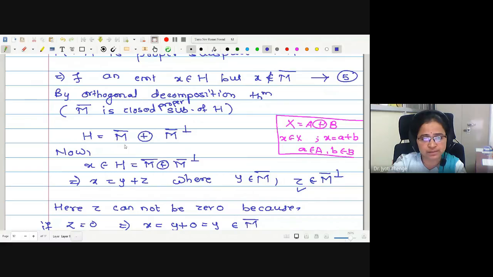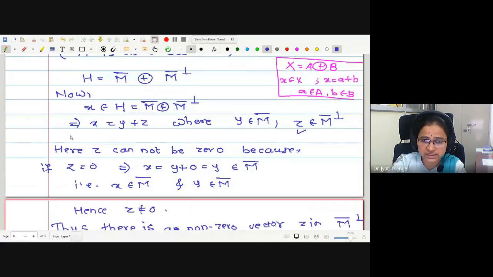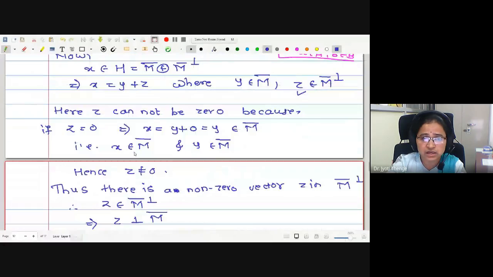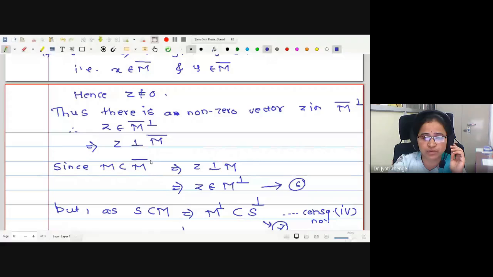H is divided into two parts, M bar direct sum M bar perp. Therefore, every x in H is written as the addition of two different elements, Y and Z. Y is in M bar, Z is in M bar perp. Here Z cannot be 0 because if Z is 0, this X will be an element of M bar only. Therefore, we have obtained that Z is a non-zero vector in M bar perp.